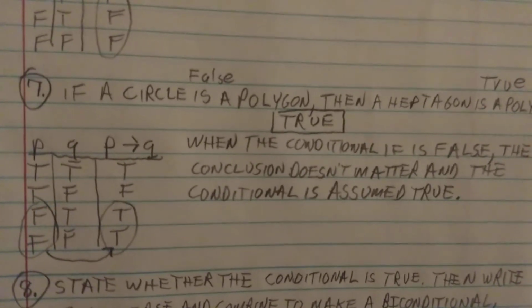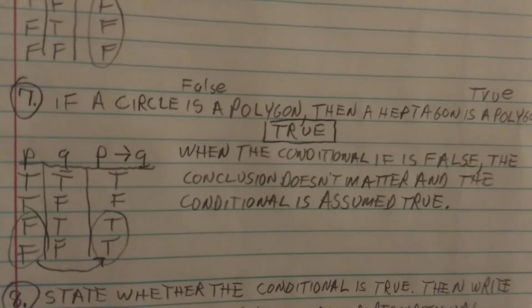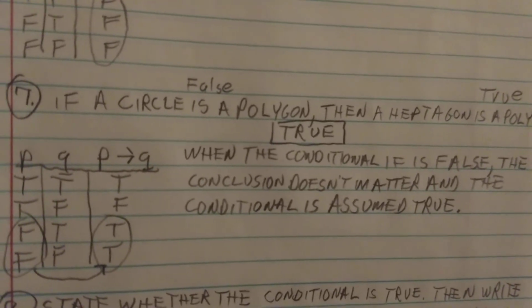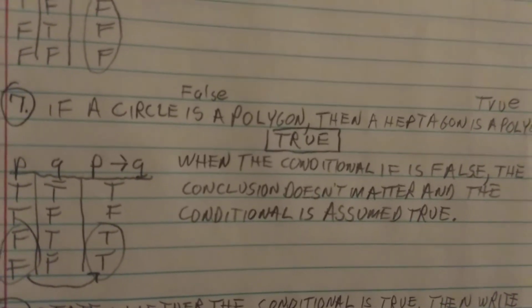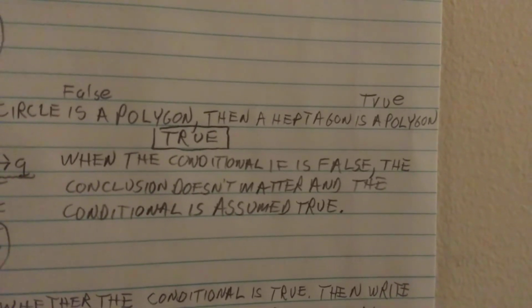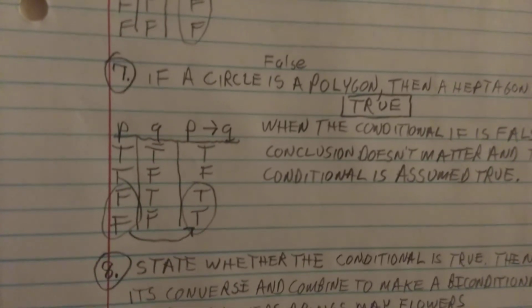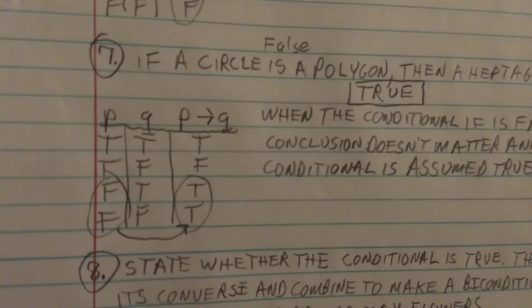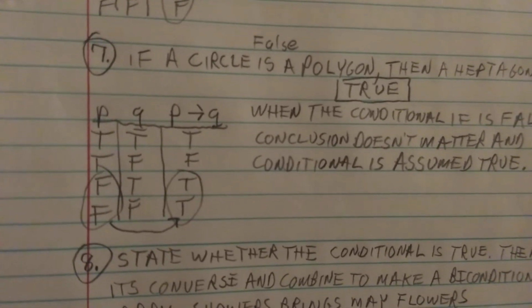Now we're given a conditional statement: if a circle is a polygon, which is false because a polygon needs segments for sides, then a heptagon is a polygon, which is true. But the truth table for a conditional is true, true, true, false, false, true, false, false.